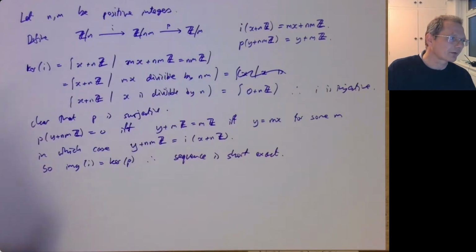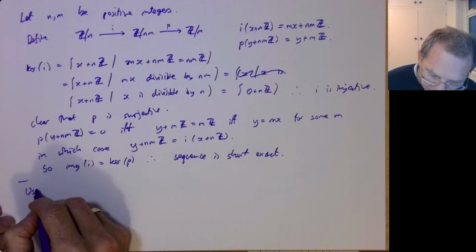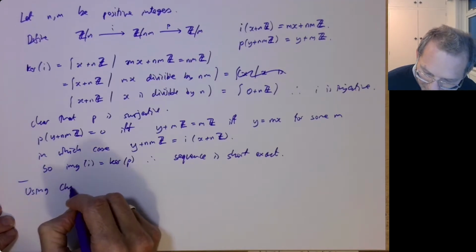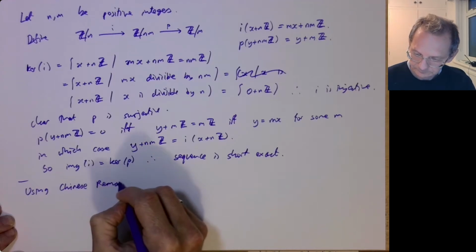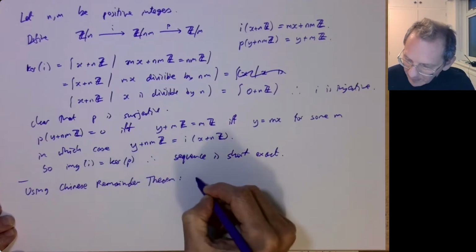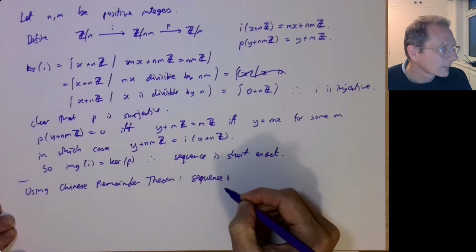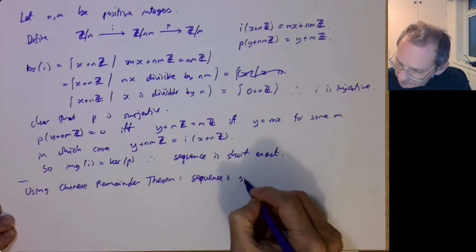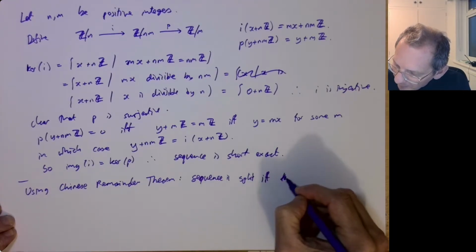So this is a short exact sequence, and you can ask, well, is it split or not? So using the Chinese remainder theorem, the sequence is split if and only if n and m are coprime.